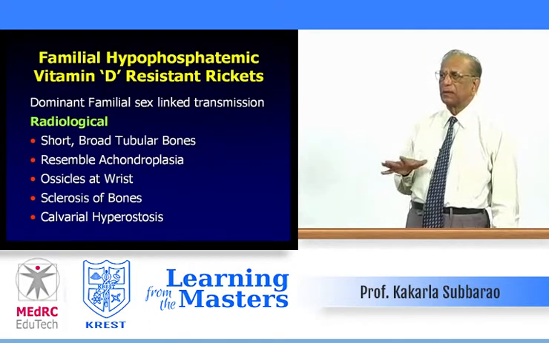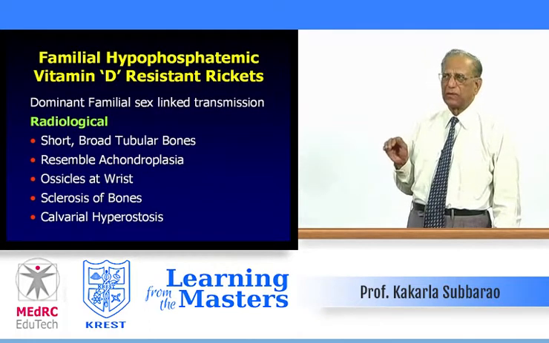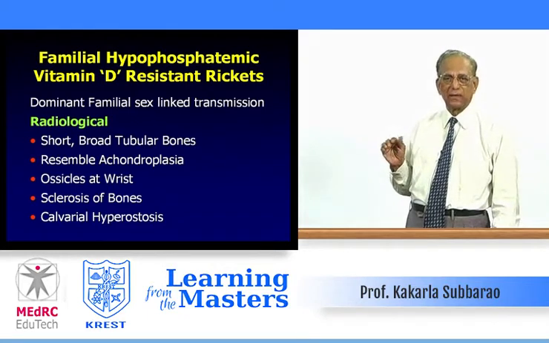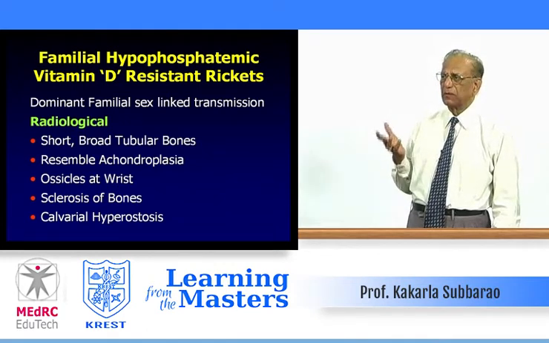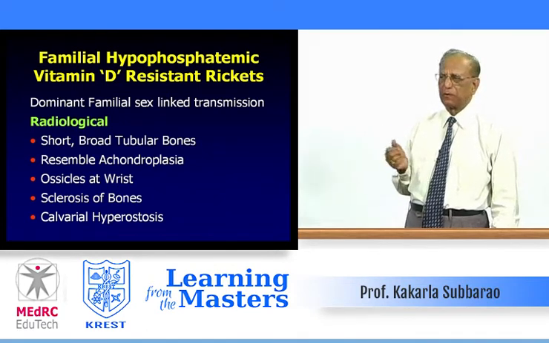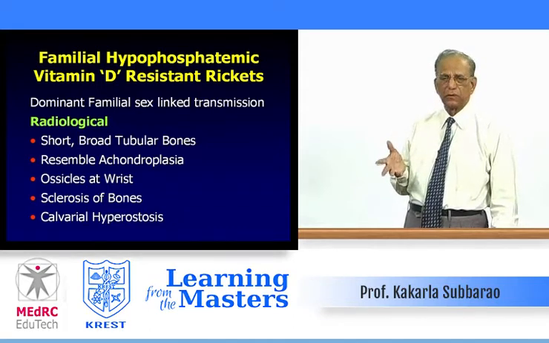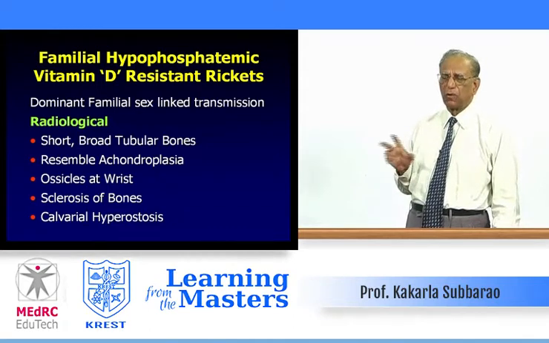There is another entity called familial hypophosphatemic vitamin D resistant rickets. You may give vitamin D, but still there is no healing phase. Dominant familial sex-linked transmission. Radiologically, what you see is short, broad tubular bones. They resemble achondroplasia.